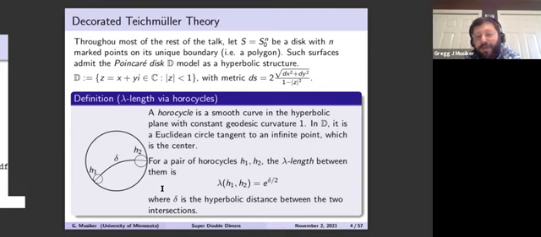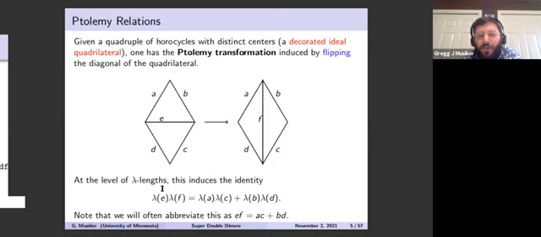And using these, what are called lambda lengths, those exponentials of those hyperbolic lengths, they satisfy this Ptolemy exchange relation. So here I've drawn the quadrilateral as if it's Euclidean, but you really should think of this as hyperbolic lengths.